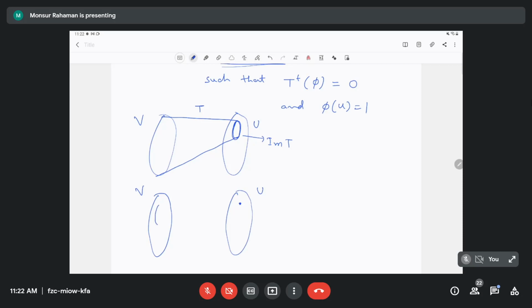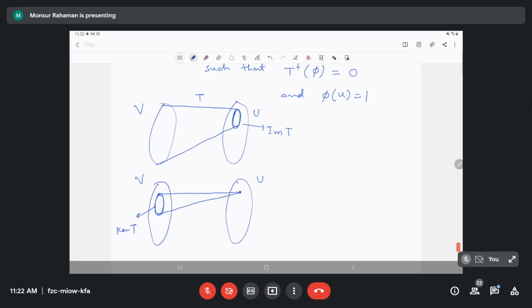All those vectors leading to this zero vector, this portion is kernel T.